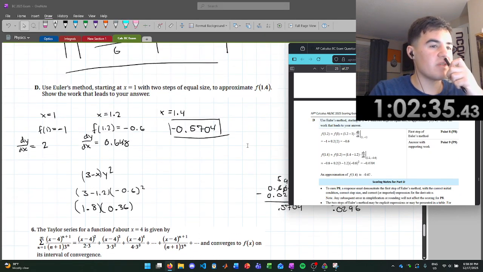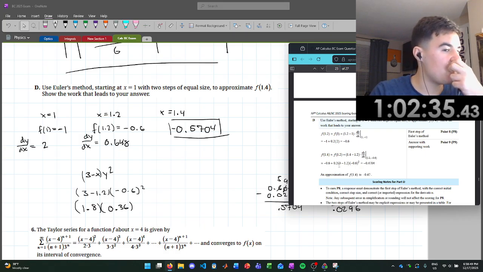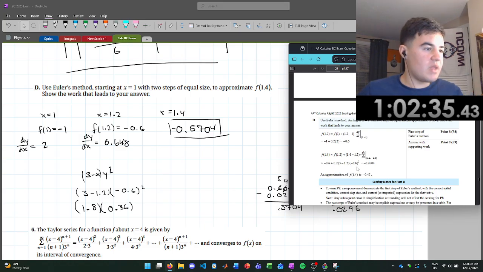This one is negative 0.47. Did I do my math wrong? Is what I want to know here. So it was negative 0.6. We did get the negative 0.6. Then we got dy dx. So it was negative 0.6 plus 0.2 times this. Wait, I want to see.